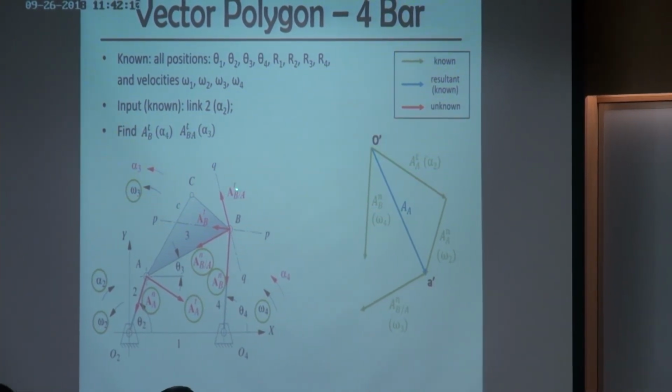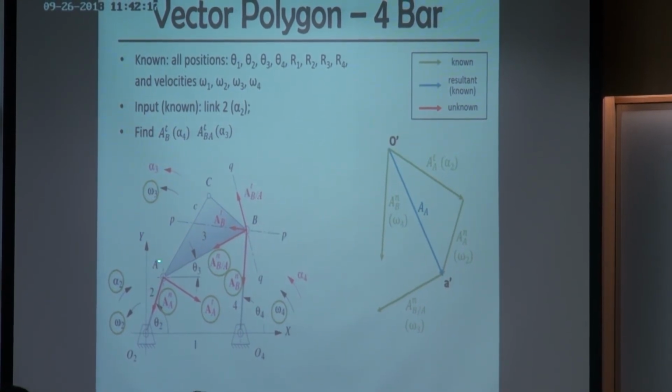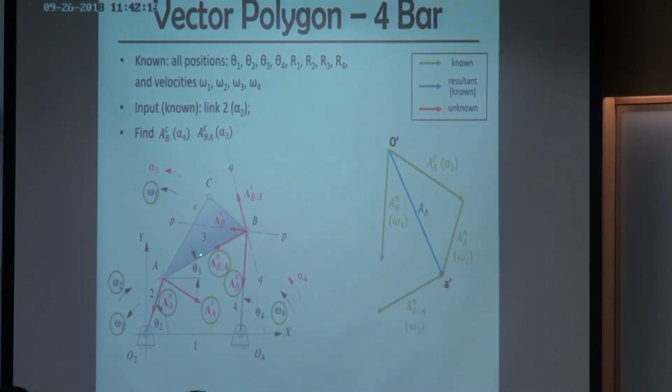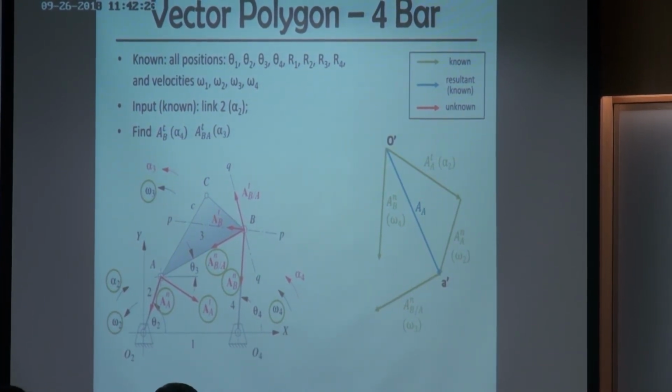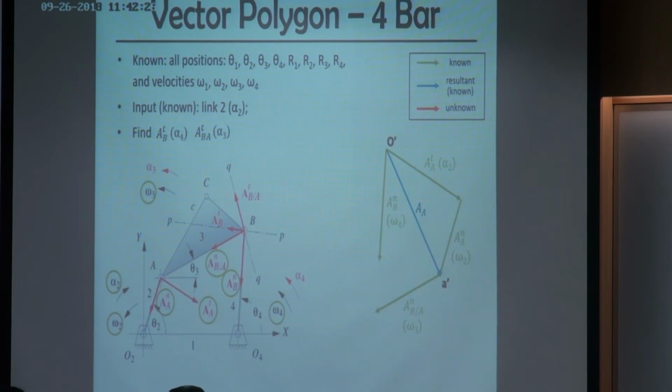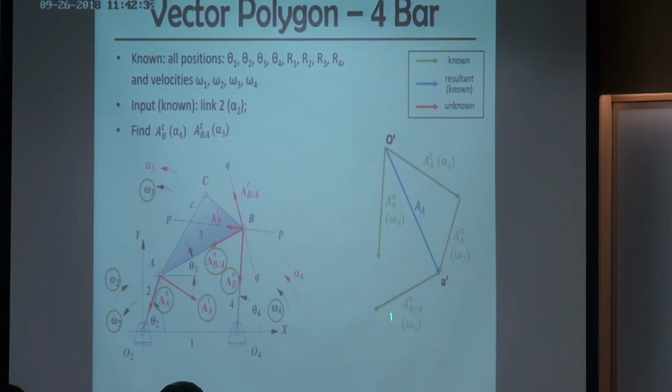And ABAT must be perpendicular to this line AB, because it's tangent, so it's perpendicular to AB. So we know a direction, but we don't know a magnitude yet, but that's fine. We just draw the direction.